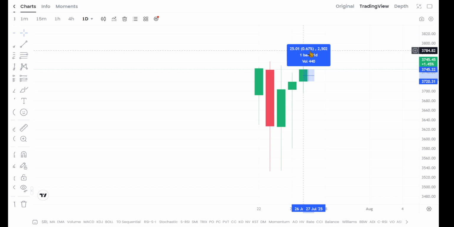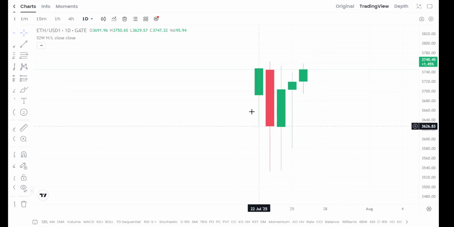It is 0.67%, and 2,502 USD1 was the profit on that day, and 440 Ethereum has been traded that day. So overall, the market of Ethereum is bullish. The market price is going high overall if we see the market.